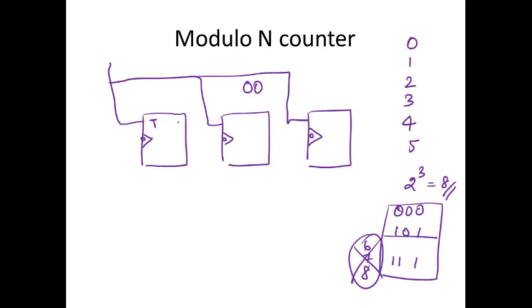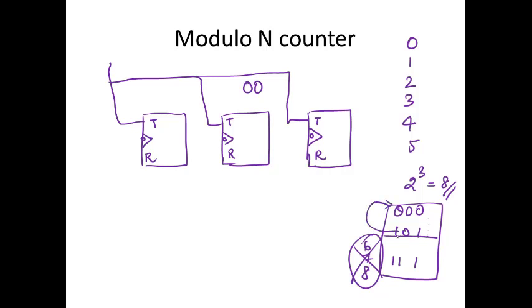Let it be a T flip flop now. For each and every flip flop I have a reset button also. Reset is nothing but it will go back to the initial state. From 5, when it counts up from 0, 1, 2, 3, 4, 5, it has to go back to the initial state. So how to do this?